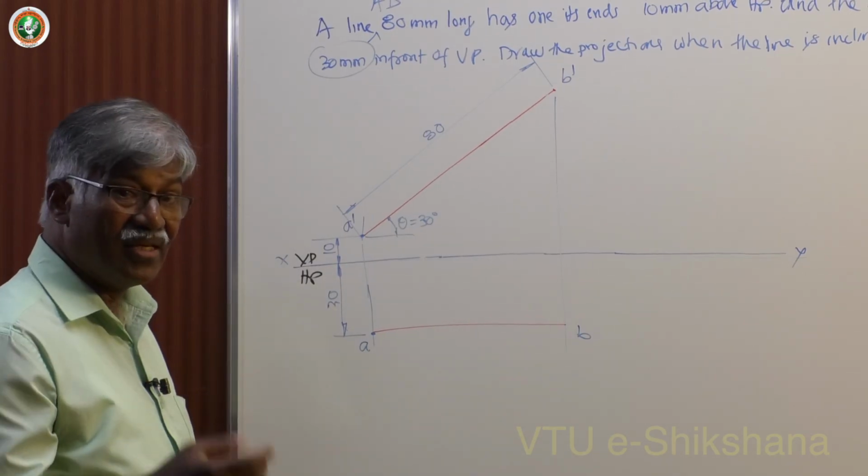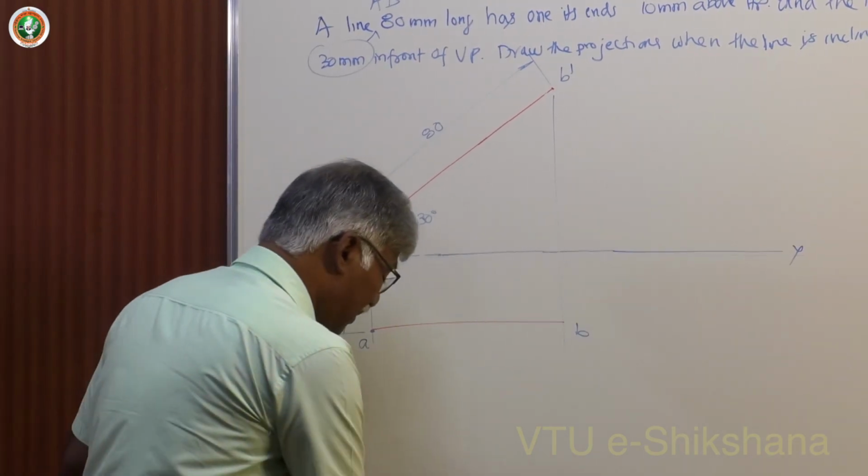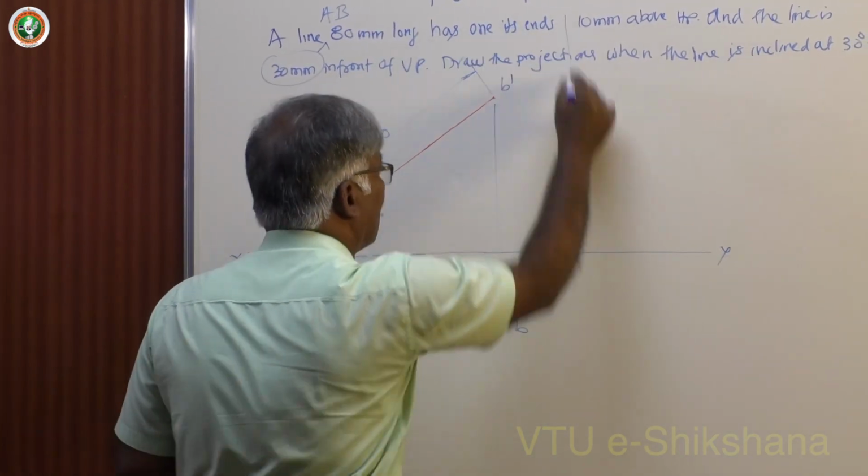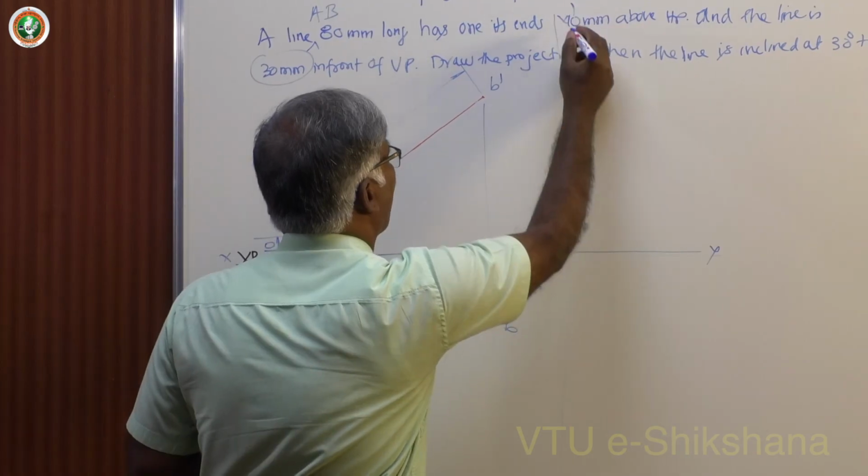How to draw the side view of the line? It's very easy. Draw line X dash Y dash.